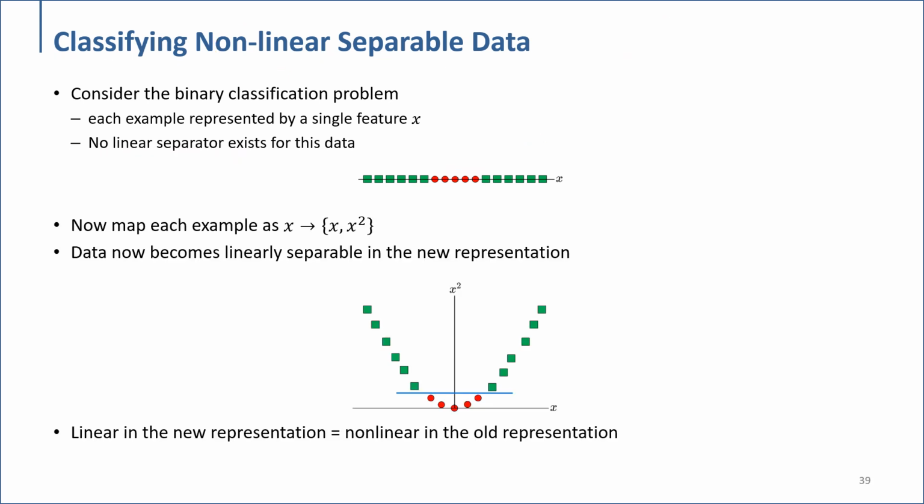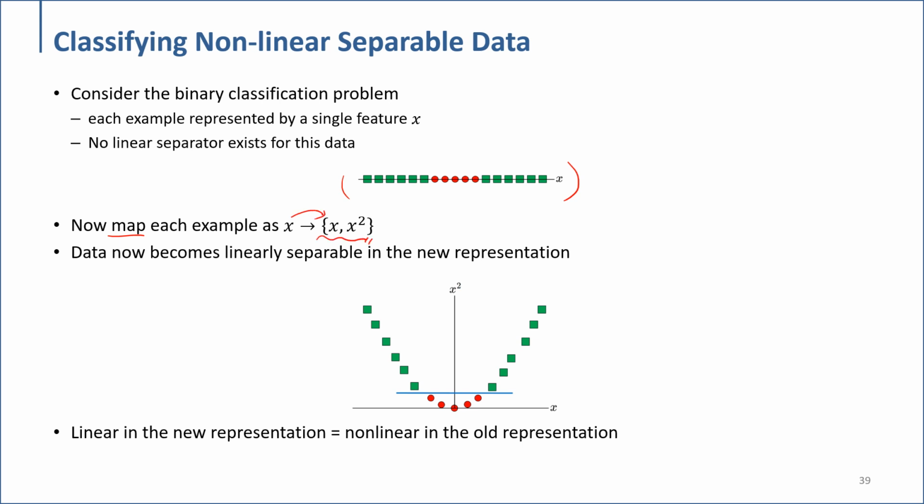And here, instead of directly using this data, let's now map this example as x mapped to x squared. That means let's add additional data points.